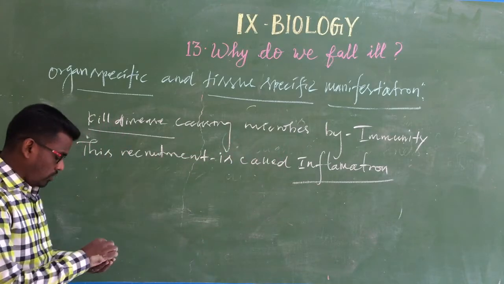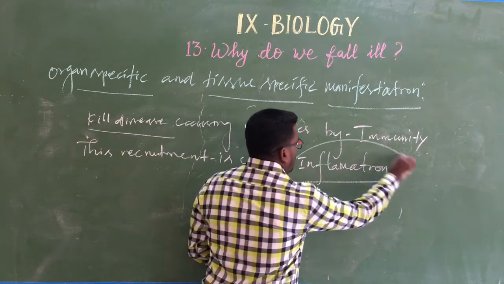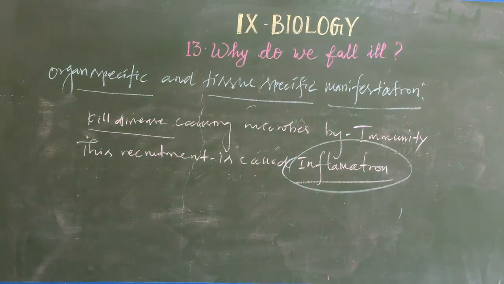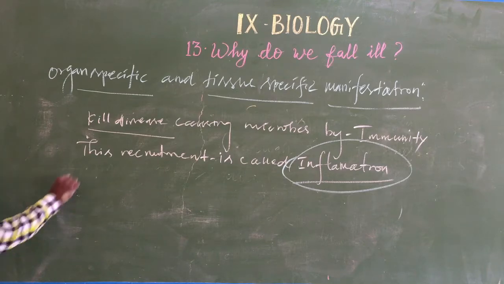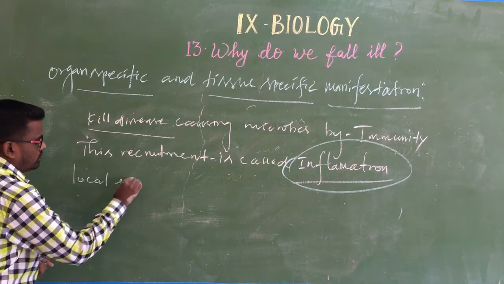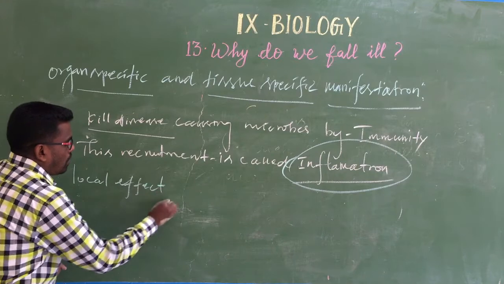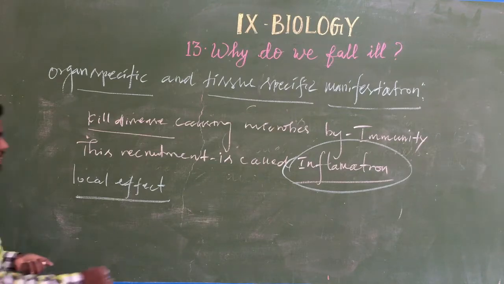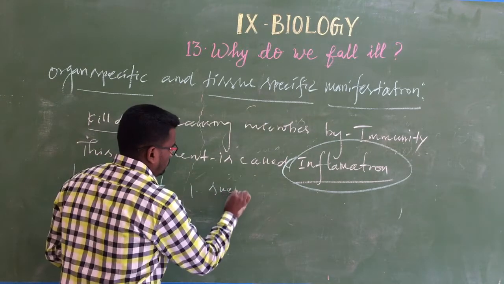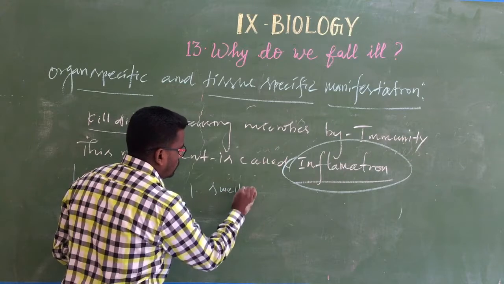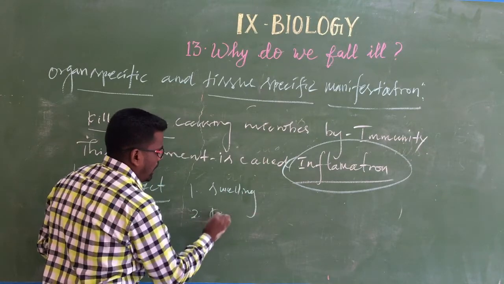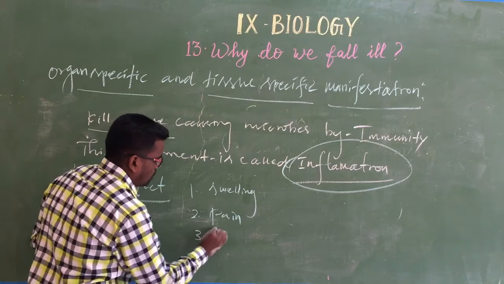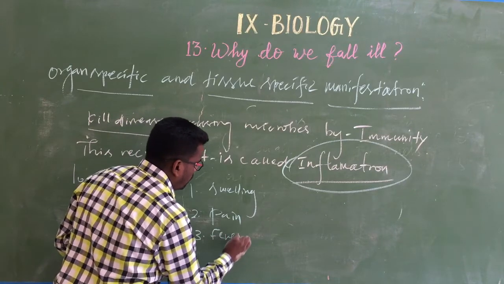So this process is called inflammation. When this process occurs, it shows some local effects: swelling occurs, and pain occurs, and the third one is fever.